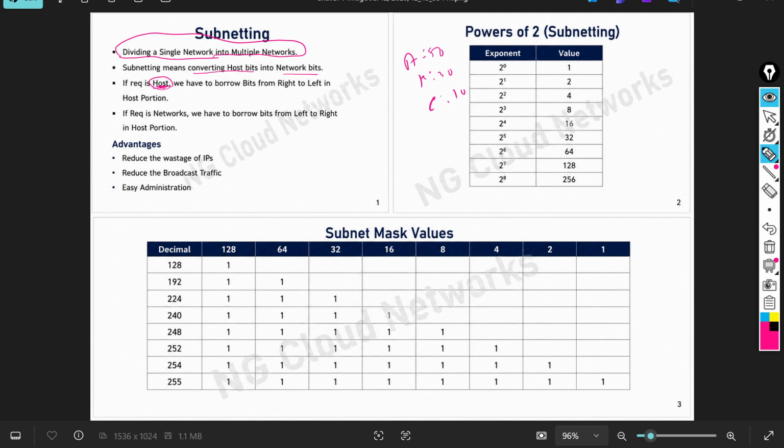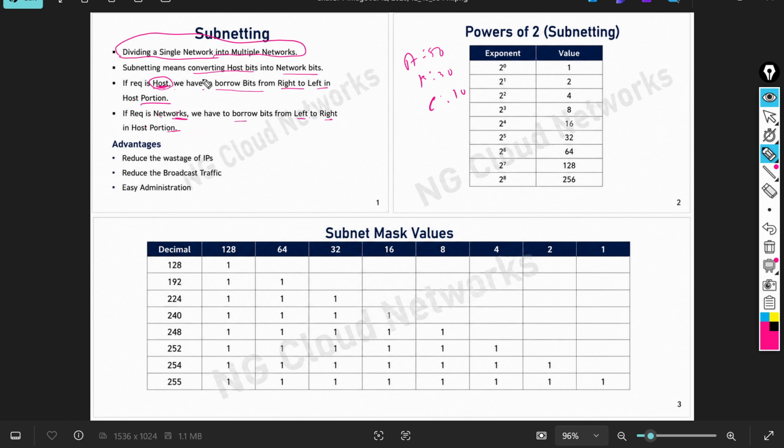And if the requirement is networks, we have to borrow bits from left to right in the host portion. Remember these 2 points, very, very important. If the requirement is hosts, we borrow bits from right to left in the host portion only. If the requirement is networks, we borrow bits from left to right in the host portion only.